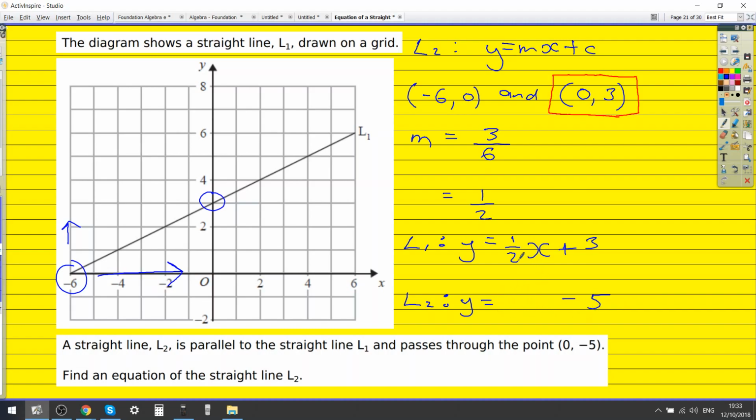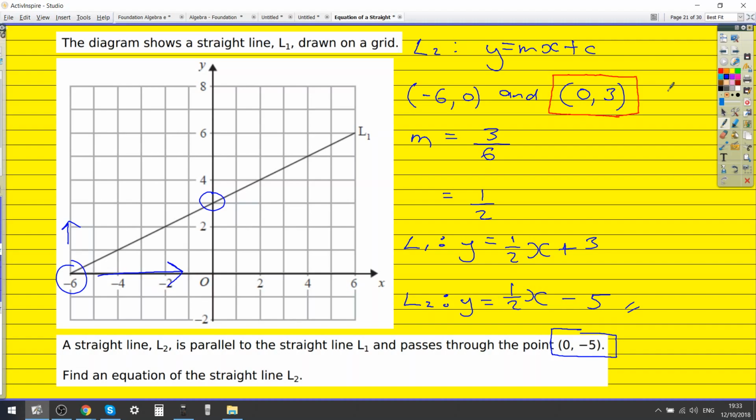And m? Is that half x as well? Yeah, m is a half because it's parallel. And it goes to the point 0, minus 5. So the other one's 0, 3, so the intercept is 3. This one's 0, minus 5, so c is minus 5. Any questions there? So if two lines are parallel, they've always got the same gradient.